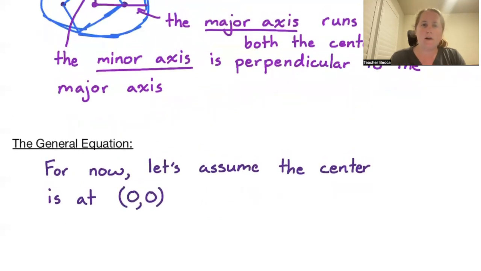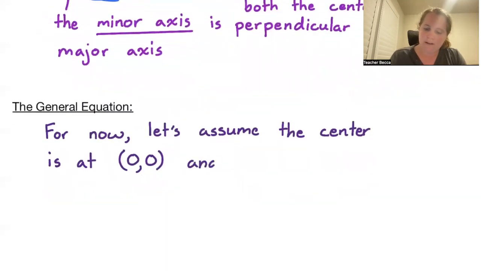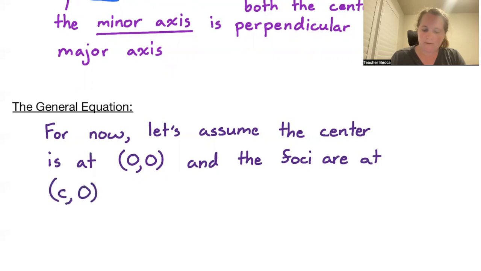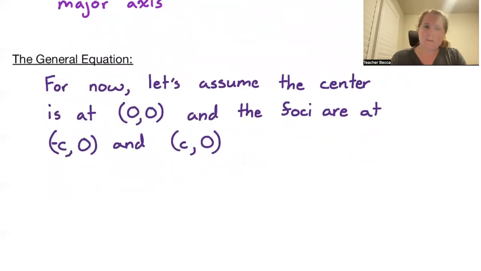And the foci are at C0 and negative C0. So the foci fall on the x-axis. They can also fall on the y-axis. Furthermore, let's assume the constant total distance is d.